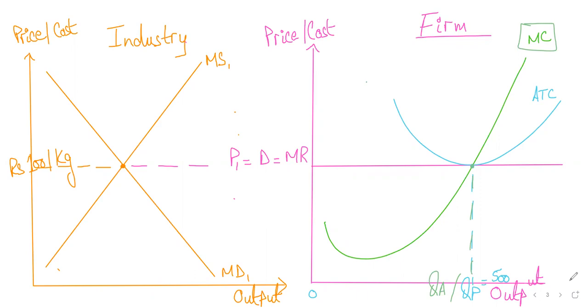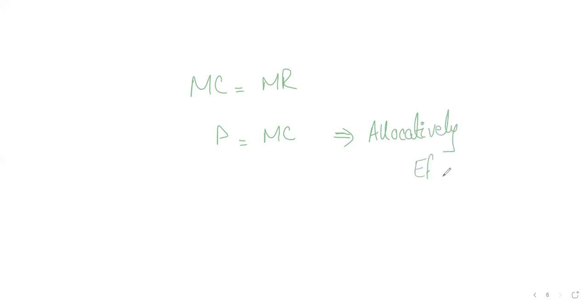So this is what you need to remember: this output level maximizes the profit for a firm, and this output level is allocatively efficient, which means that you are producing the goods in the right quantity, where the price of the good equals marginal cost. The upper criterion is for profit maximization. Let me write this down separately so that you can remember in the future. This is the allocatively efficient output, and this upper one is the profit maximization output.